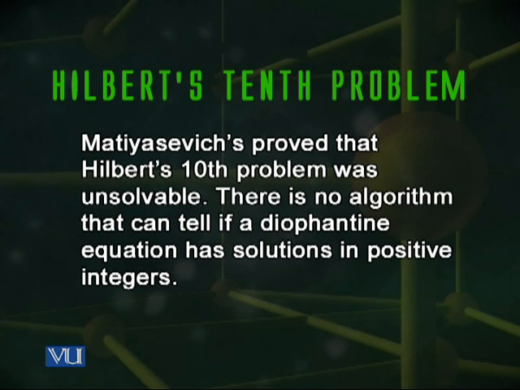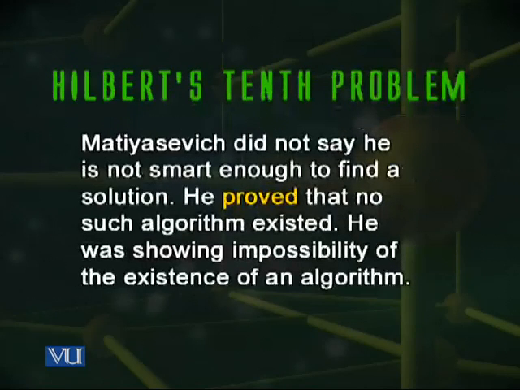Note that to understand what he did is not that easy. Matiyasevich did not say that he is not smart enough to find a solution. He did not say that he is not smart enough to come up with an algorithm, or that many people were not able to come up with an algorithm and it was a trivial thing. He was able to prove that no such algorithm existed. He was showing the impossibility of the existence of an algorithm.